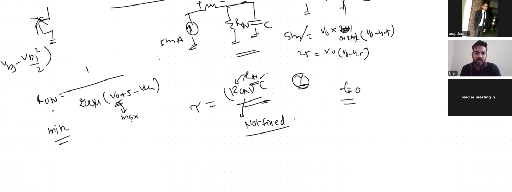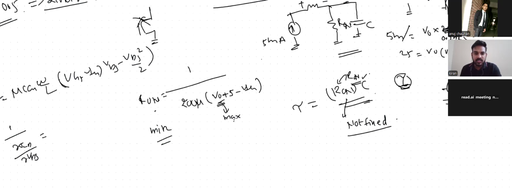We take 1 by R on equals dou Id by dou Vds. We are approximating this, since Vds is much less than Vgs minus Vth. That's why we are eliminating this term, and then we get this expression.